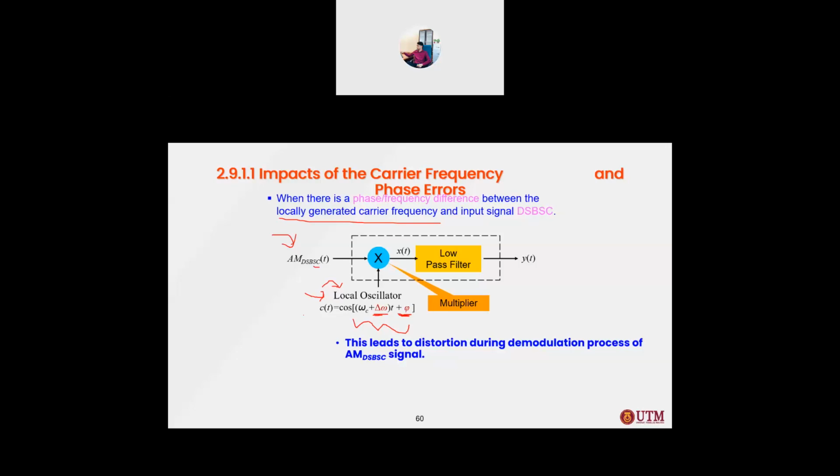So this leads to distortion during the demodulation process of double sideband suppressed carrier. This is distortion. You don't need to remember this, you need to understand it. When we have error, the error can be contributed by our frequency difference or our phase difference.